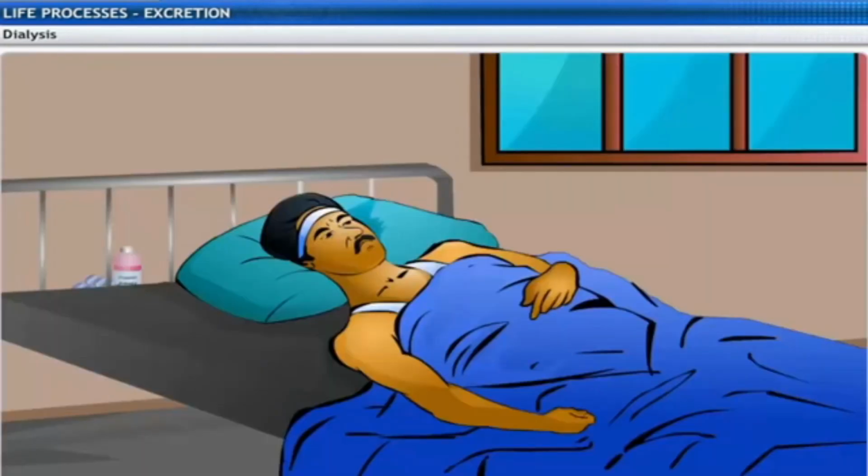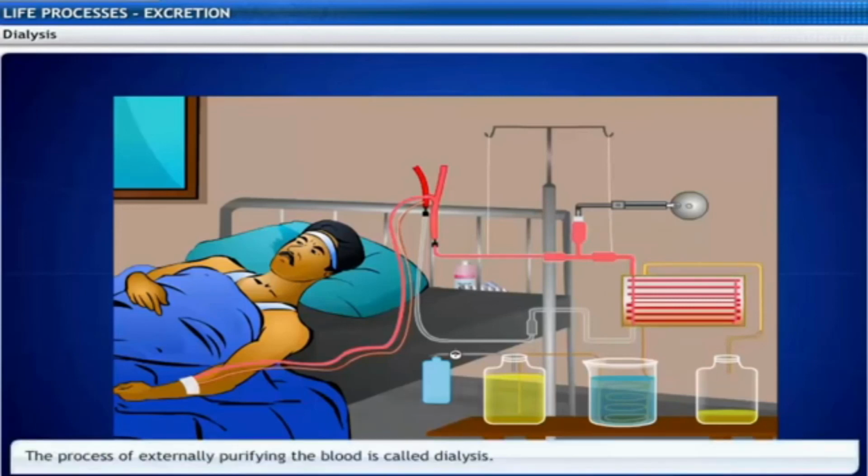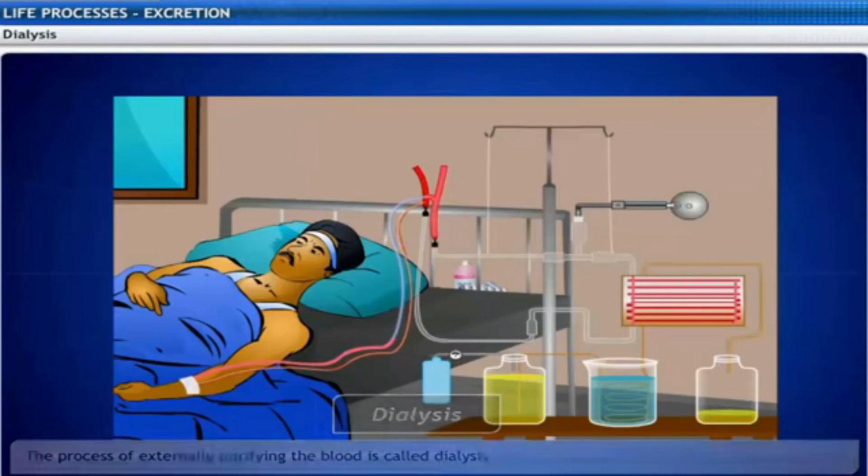For people with an injured kidney, an external artificial kidney can be used to remove nitrogenous waste products from the blood. The process of externally purifying the blood is called dialysis.